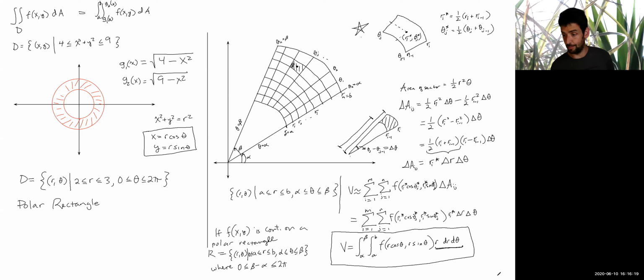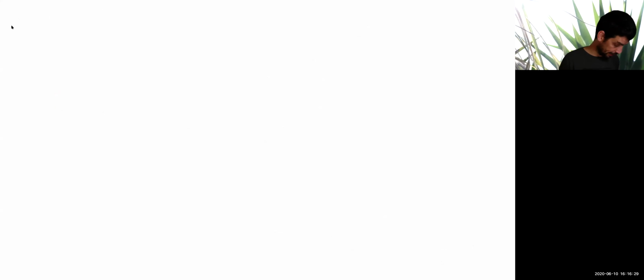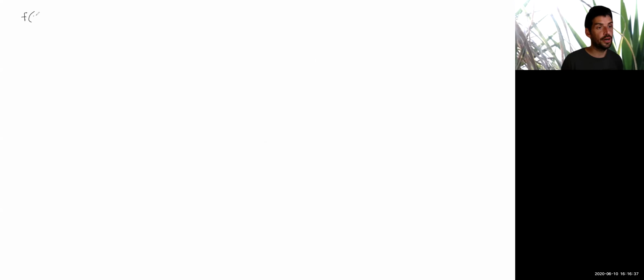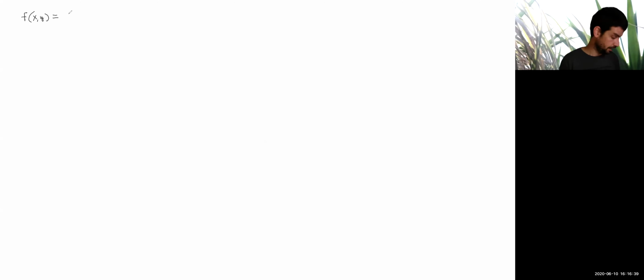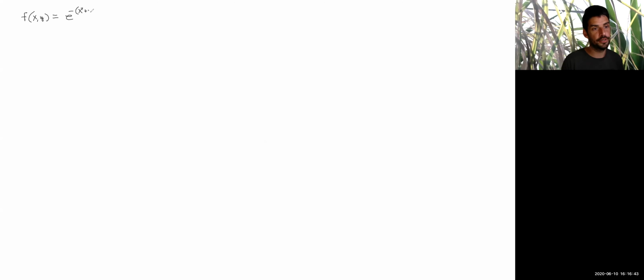So let's do an example, all right? Because I know often this is pretty confusing when it's abstract, but let's get ourselves an example. So let's take a look at the function f of x, y equals e to the negative x squared plus y squared.